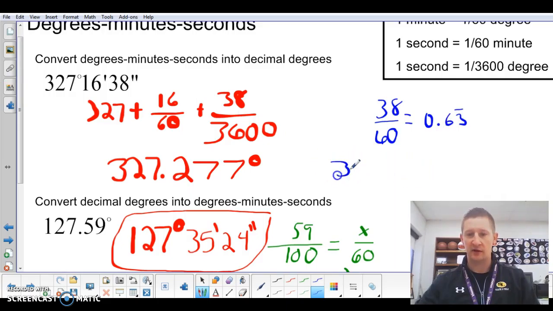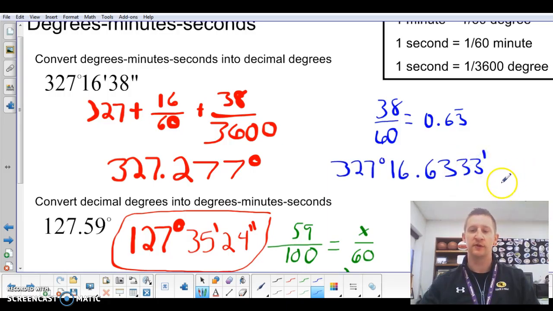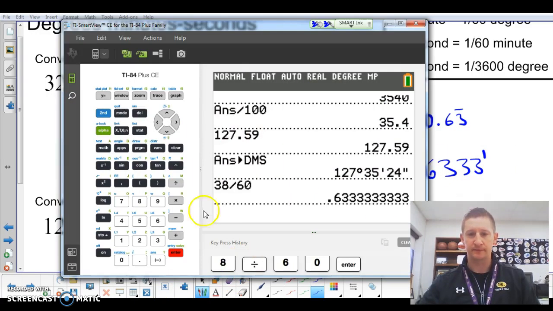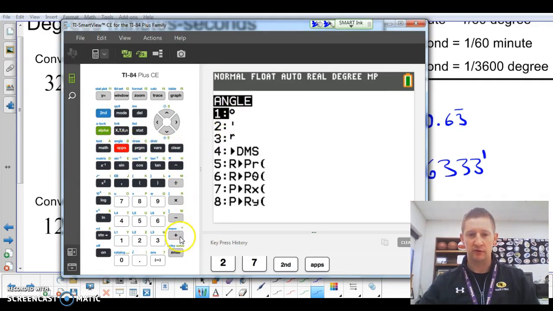So here's how I would do this. I'm going to type in my calculator 327 degrees. Again, there's a symbol for that. And 16.633333. I'll do a bunch of threes and put the minute symbol. Okay, that's going to keep it pretty accurate. So here's me typing that in. 327 degrees. Go to the angle menu. Choose the degree symbol.